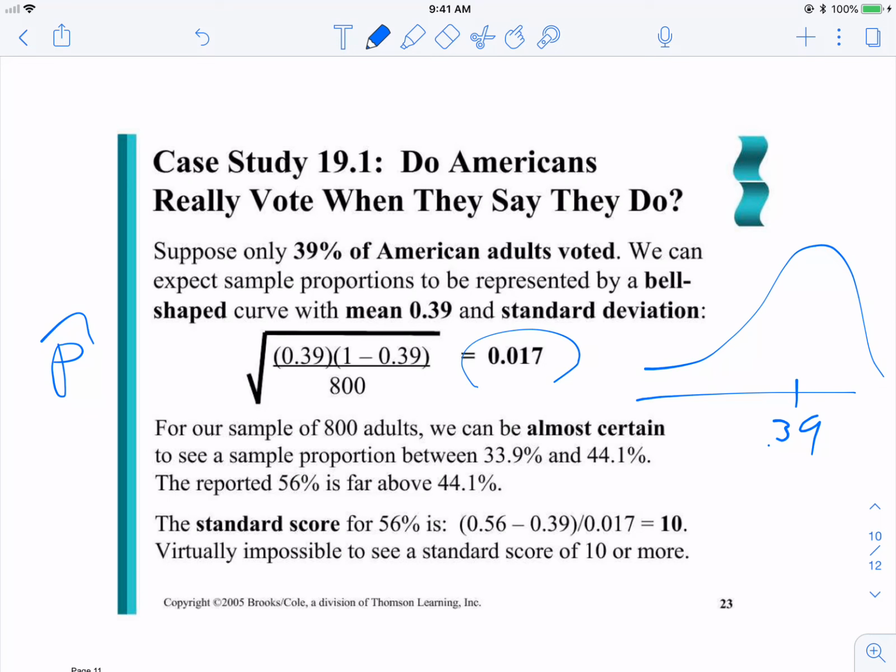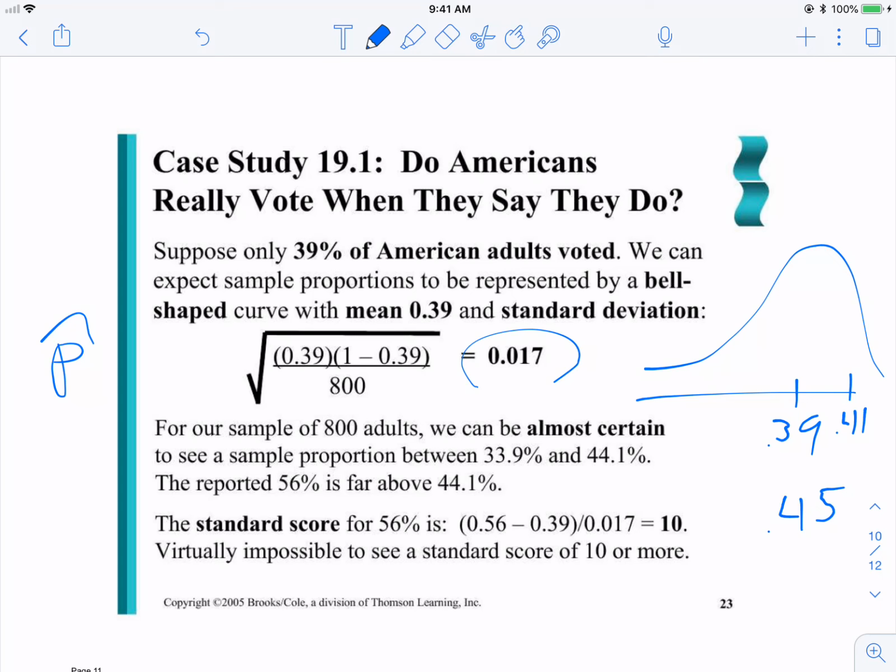Now, to step that out and apply our rules, we can see that's a pretty small step size, about 2 percentage points. So this would be 0.41 approximately, 0.43, 0.45 would be 3 standard deviations to the right of the mean of that curve.